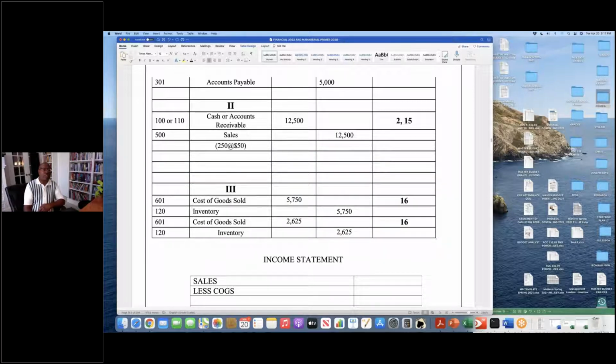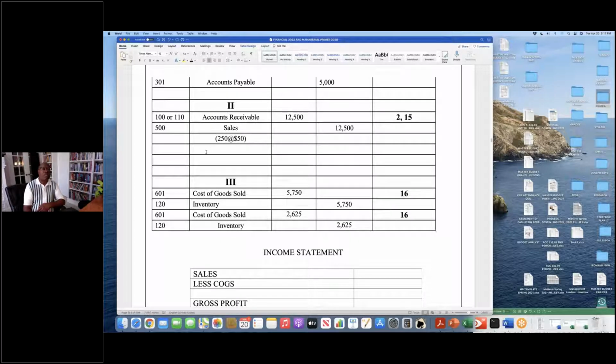I think the first one was on account, and this last one was a cash sale.